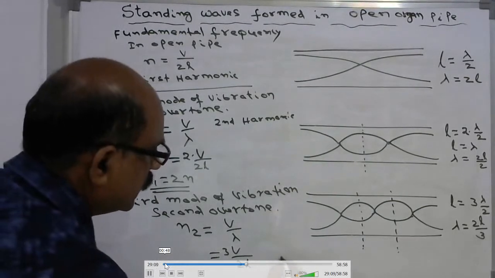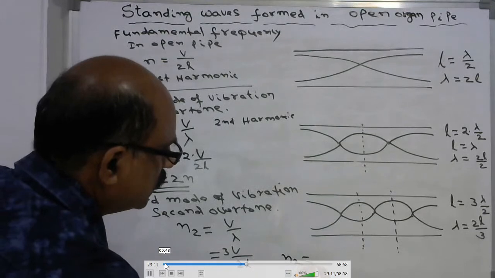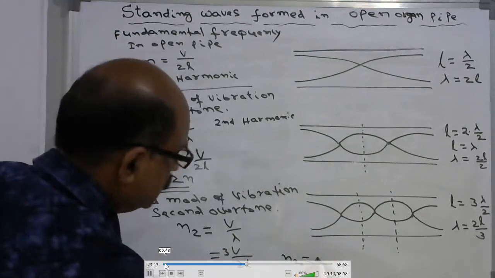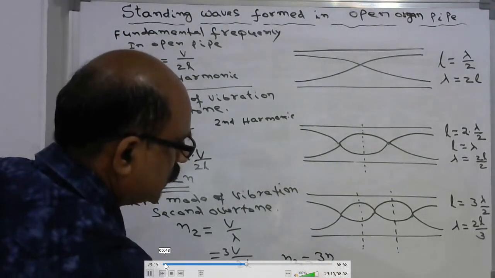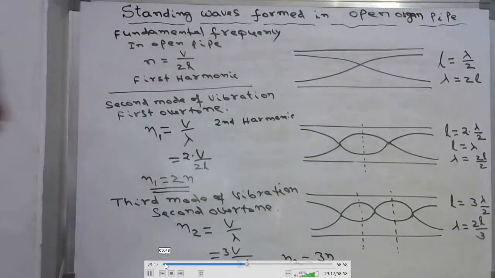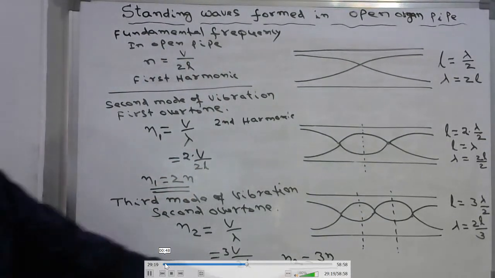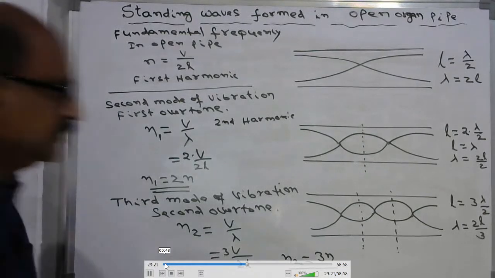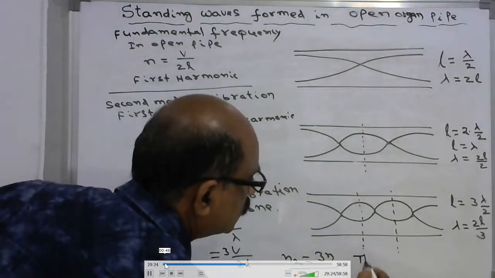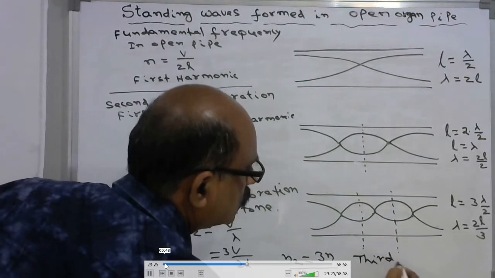So n2, the frequency of the second overtone, is 3 times the fundamental frequency. So this is what is called the third harmonic.